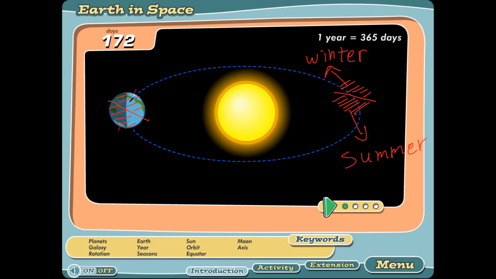So by this way, this part has summer, and the southern hemisphere has winter.